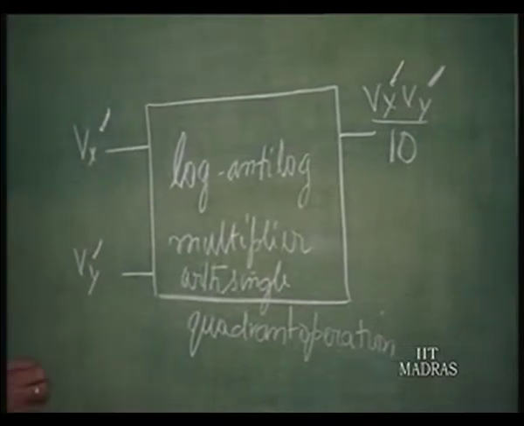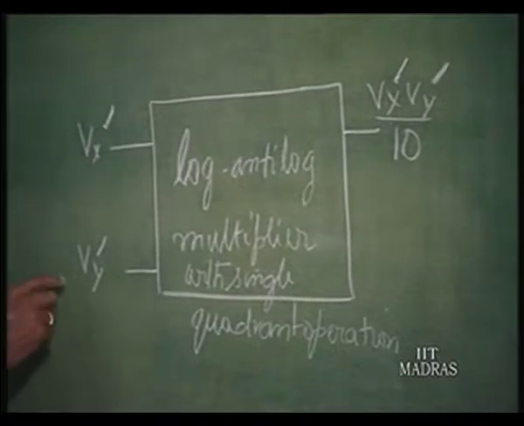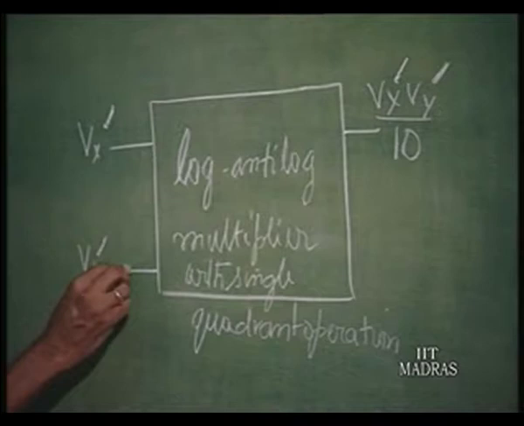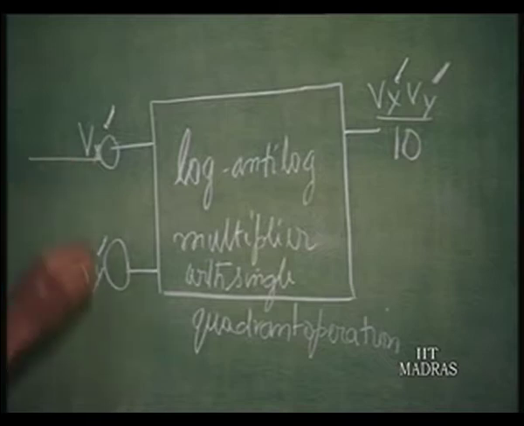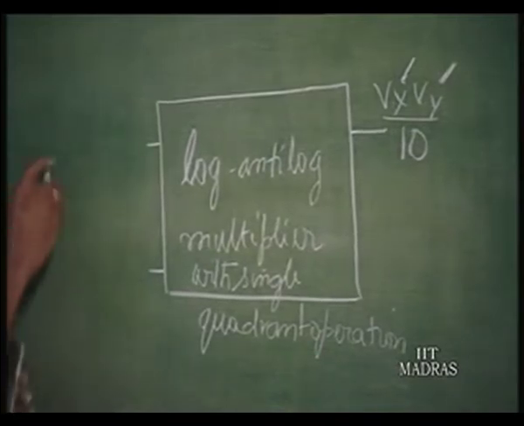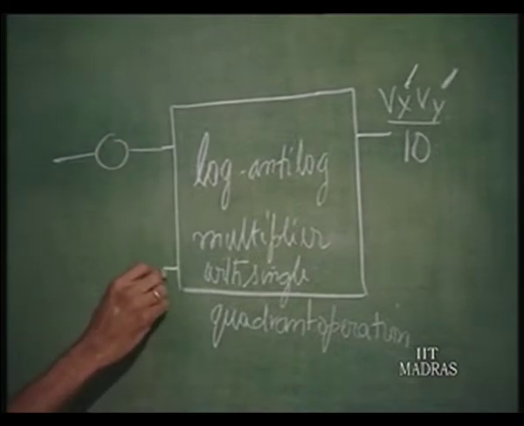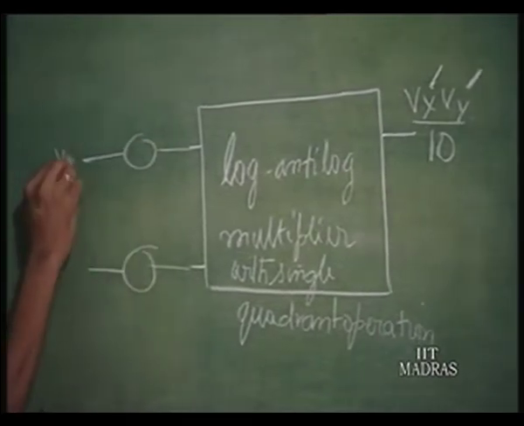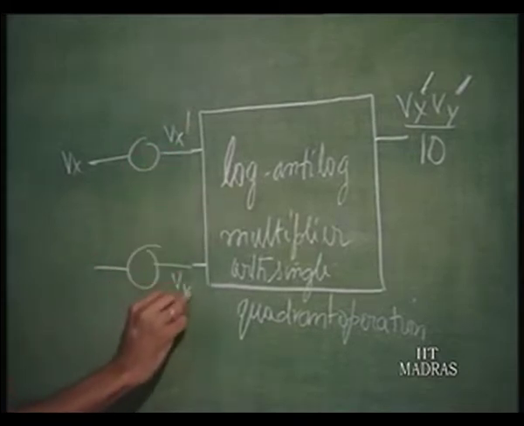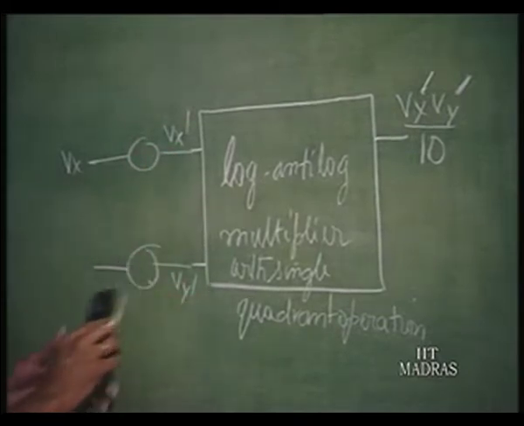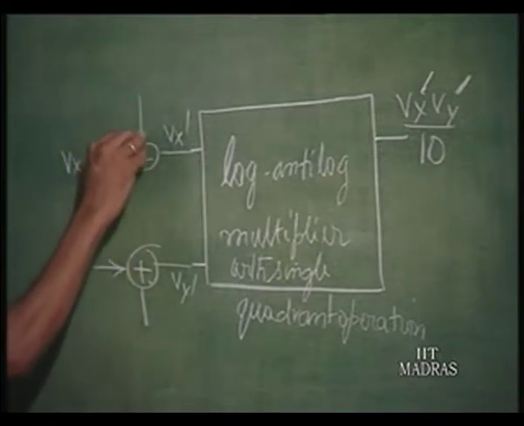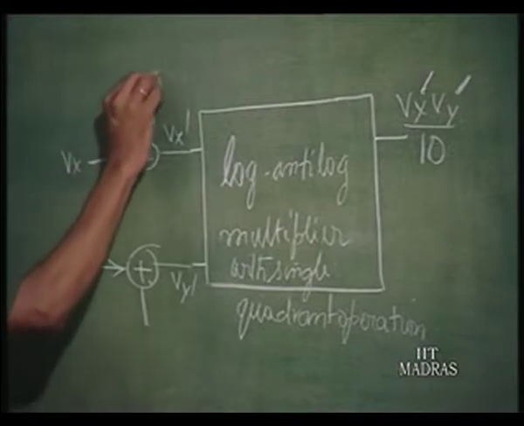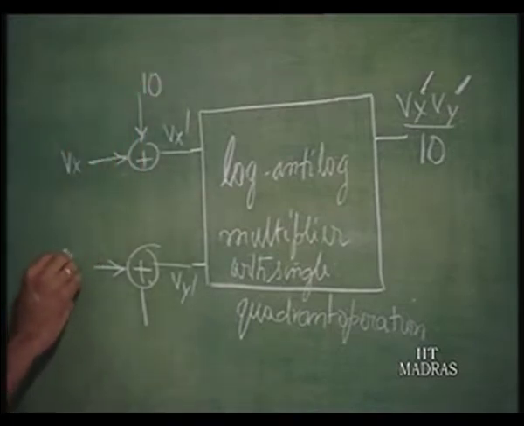So, basically we have to have now V x dash and V y dash as nothing but V x plus 10 volts is V x dash, V y plus 10 volts is V y dash.